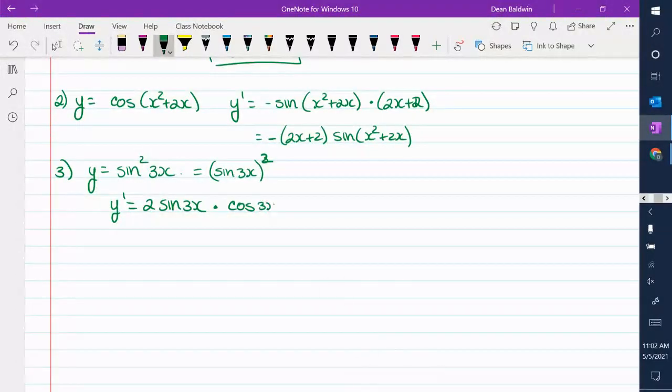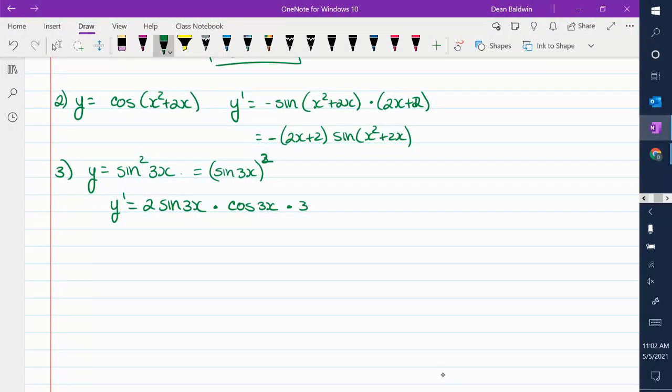And then you've done the sine. The only thing left is the 3x. What's the derivative of 3x? 3. What can you multiply together?